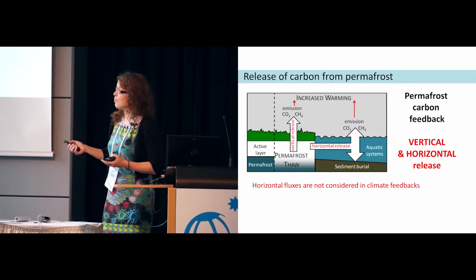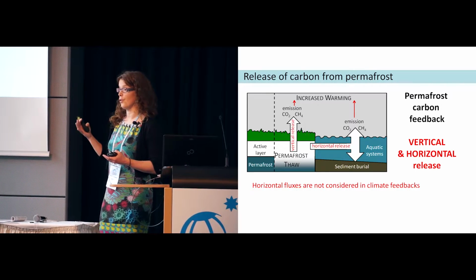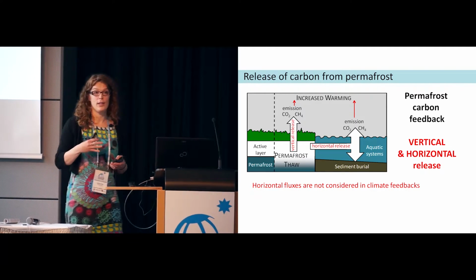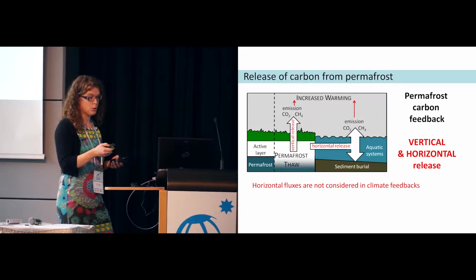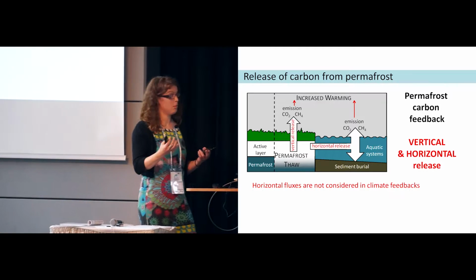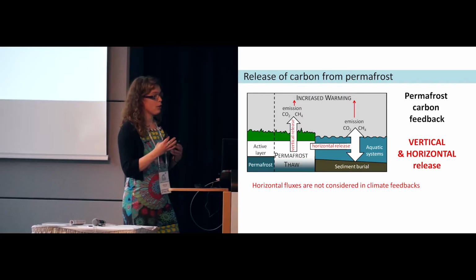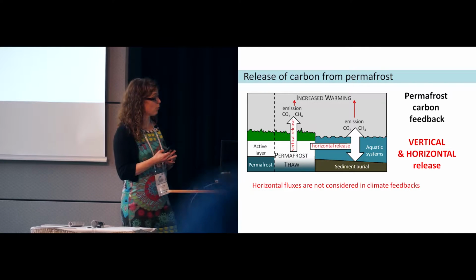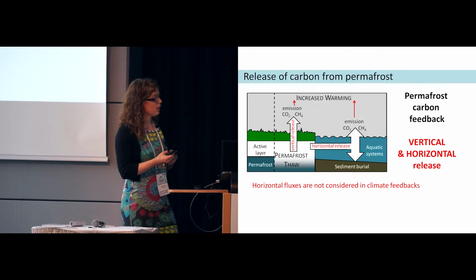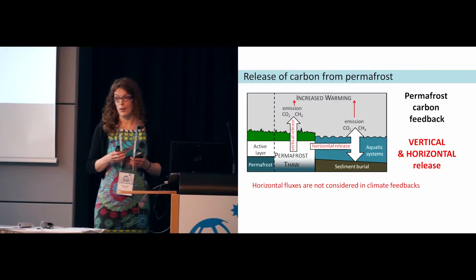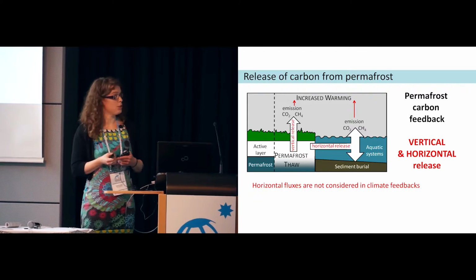A vertical release by decomposition of organic matter of greenhouse gases, which are added to the atmosphere and lead to increased warming. But today I'm going to talk about the horizontal or lateral pathway: all the organic matter that is released into aquatic systems after permafrost thaws. This pathway is basically not included in any of the climate feedback calculations.